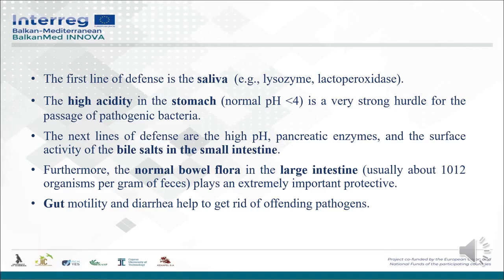High acidity in the stomach is a very strong hurdle for the passage of pathogenic bacteria. The next lines of defense are the high pH, pancreatic enzymes, and the surface activity of the bile salts in the small intestine. Furthermore, the normal bowel flora in the large intestine plays an extremely important protective role. Gut motility and diarrhea help to get rid of offending pathogens.